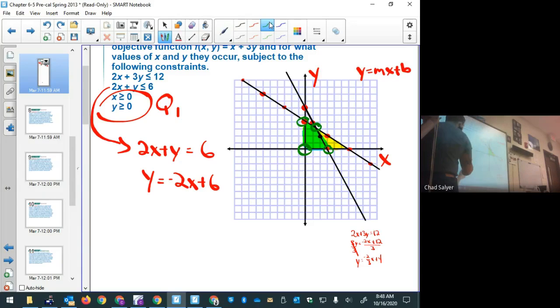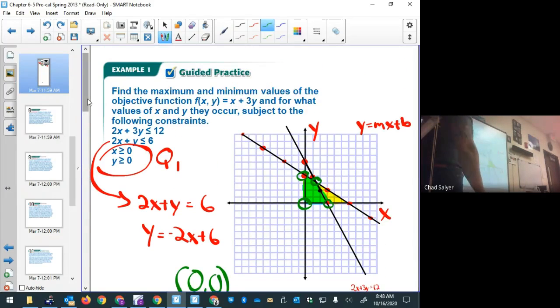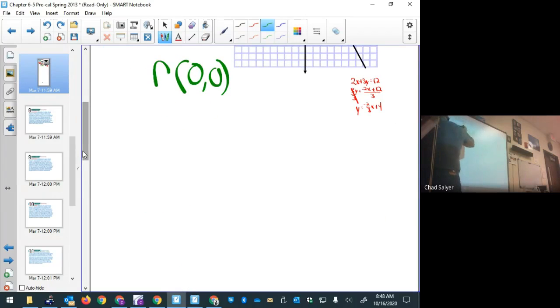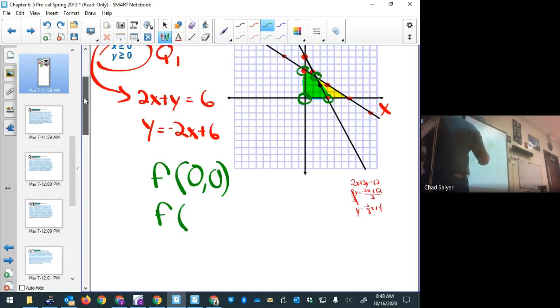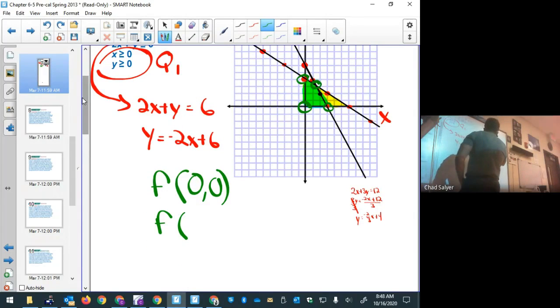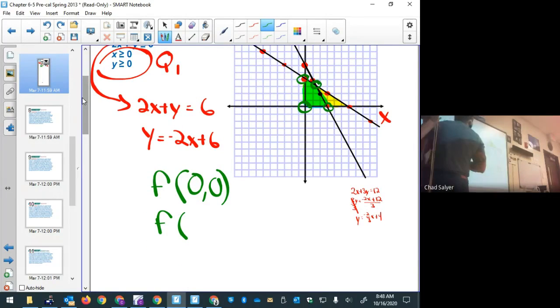So the first one is 0, 0. And we want to plug these into the objective function f up here. So we want to find f of 0, 0. Then out here, I've got 3, 0. Just double checking if that's right.